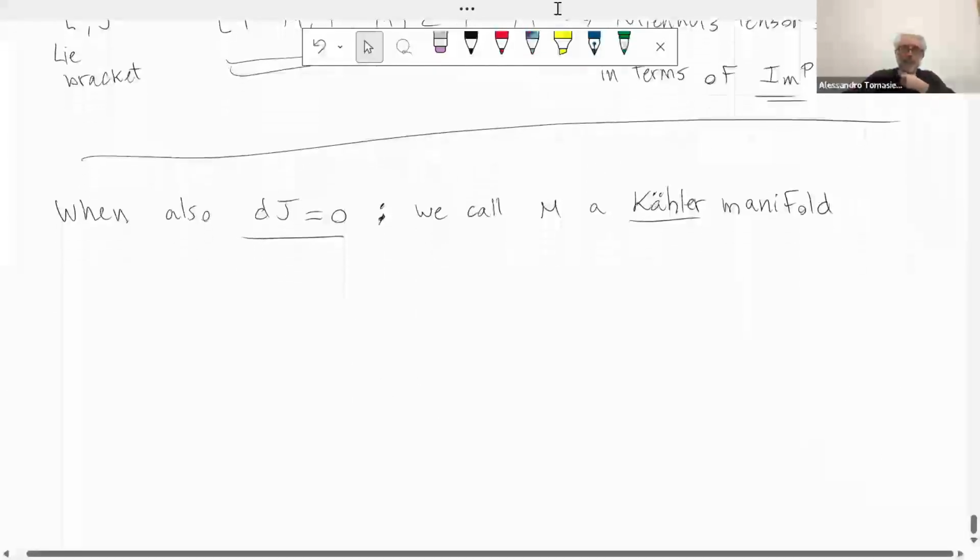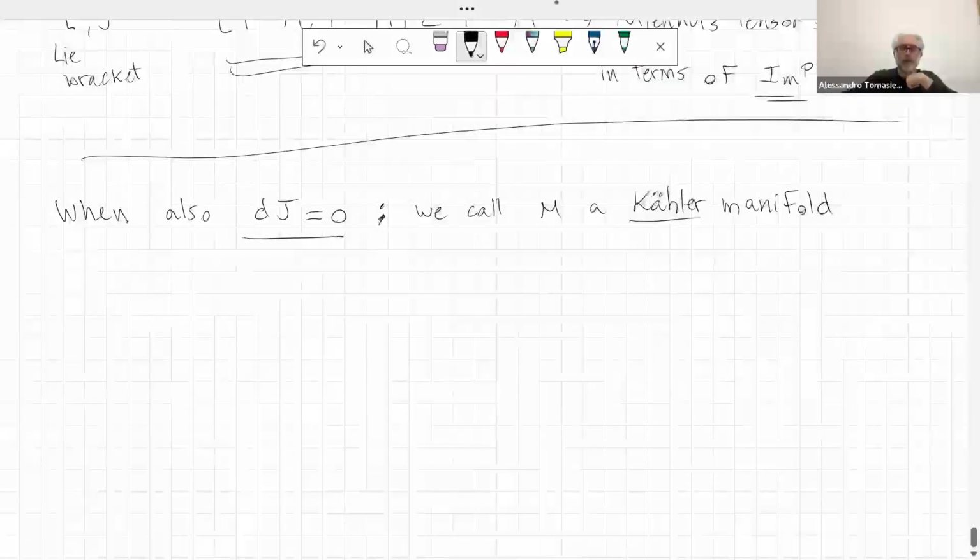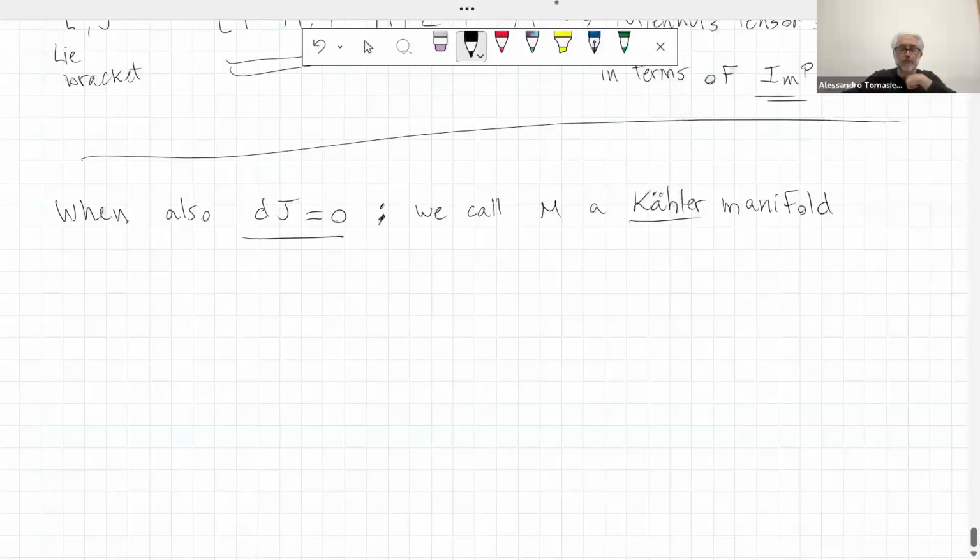It is perhaps a little less clear why you would impose this condition, dJ equals 0. If you have only this condition, then you say that M is symplectic.